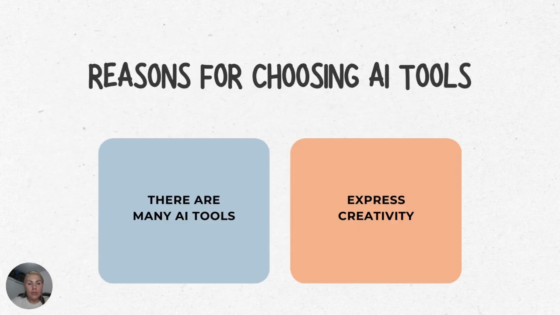So let's talk about the reasons for choosing AI tools. I think that there are many AI tools, and with the advances of technology, it's just obvious for me to utilize what we have in hands.